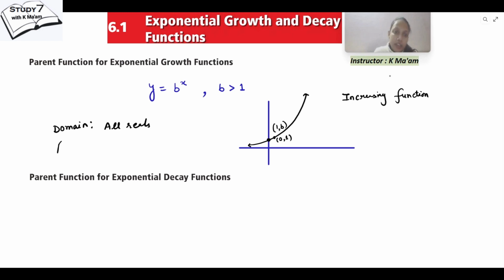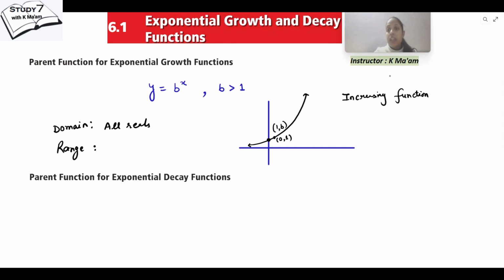What about the range? If you see carefully, the graph will not go below the x-axis. It will be very close to the x-axis but not going beyond and never cuts the x-axis. So y equals 0 is the asymptote in this case.